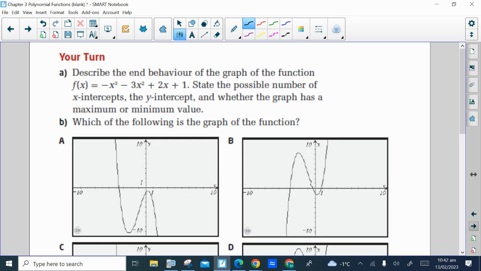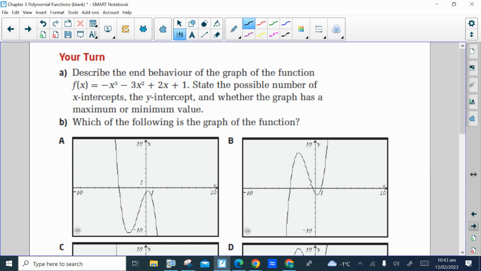So, describe the end behavior of the graph of the function negative x cubed minus 3x squared plus 2x plus 1. So that is a third degree polynomial, which is an odd number. So compare it to a line. The initial term coefficient is negative, which means it would act just like a line with a negative slope.